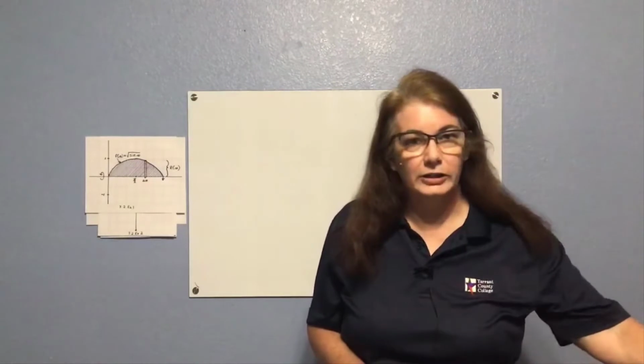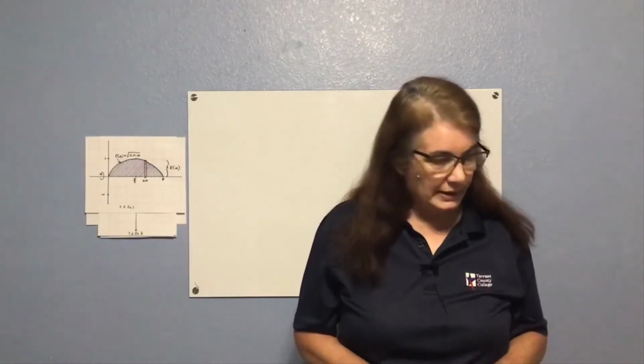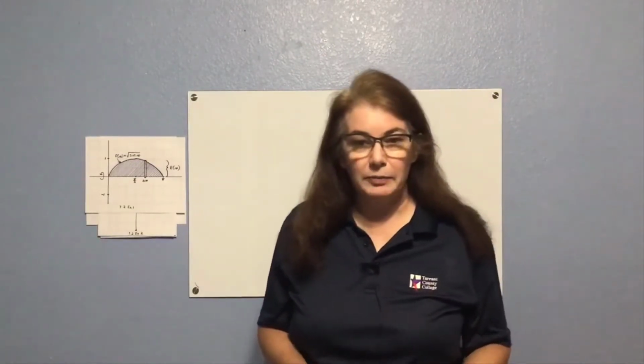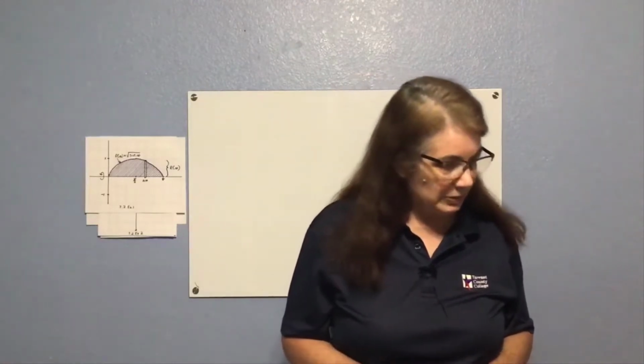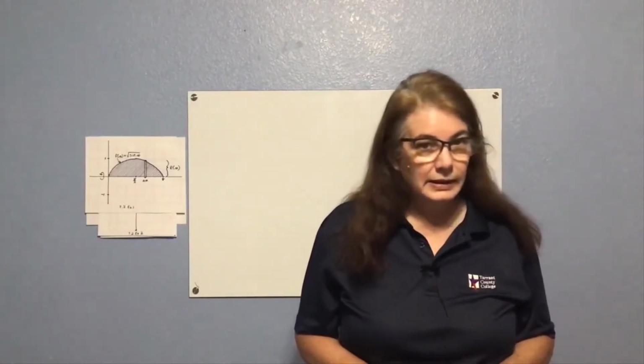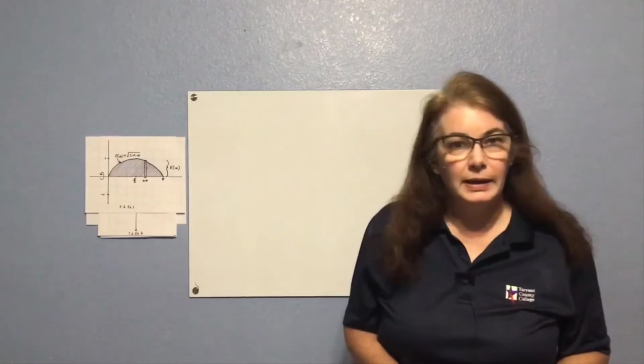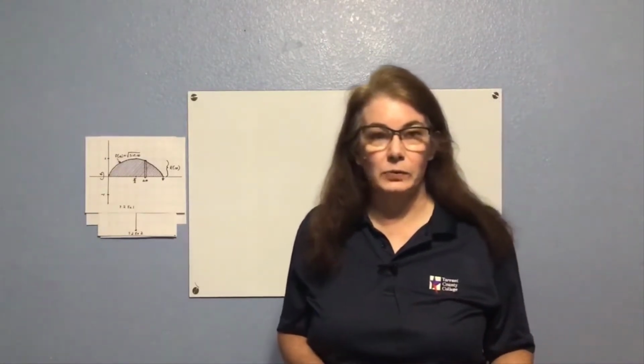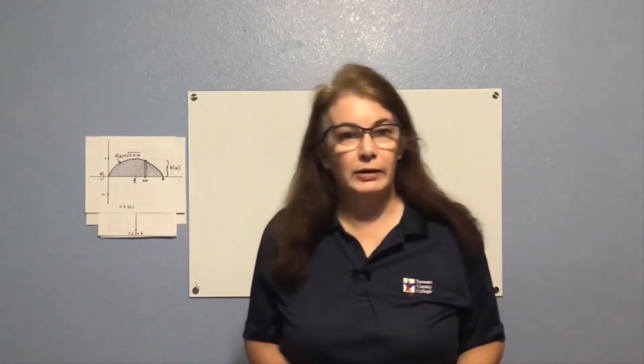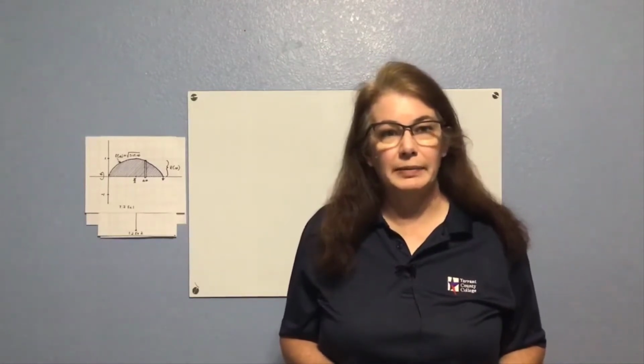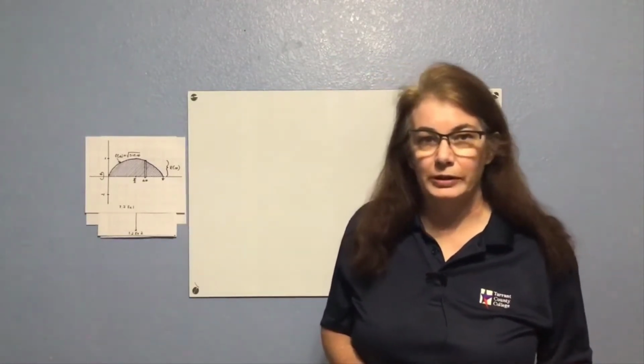In our last section, we looked at finding the area between two curves, or the area between an x-axis and a curve. In this section, we're going to take this process one step farther and look at what happens when we create something called a solid of revolution.